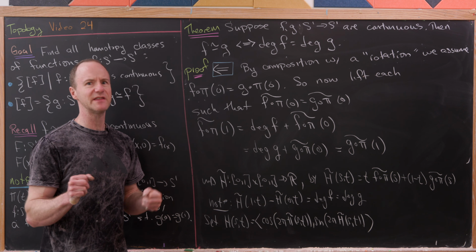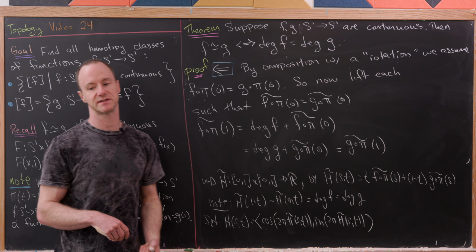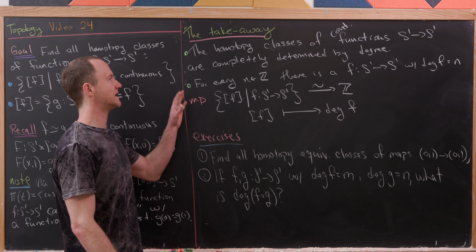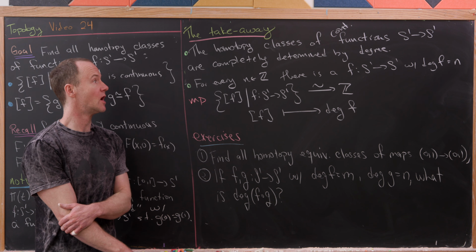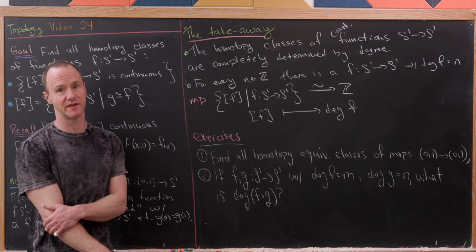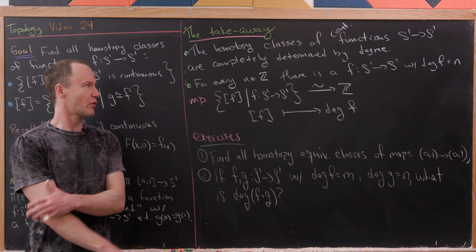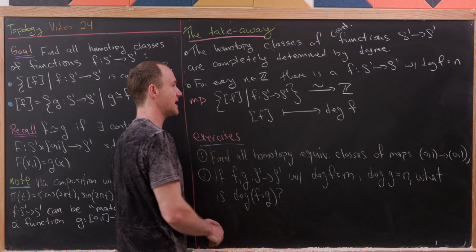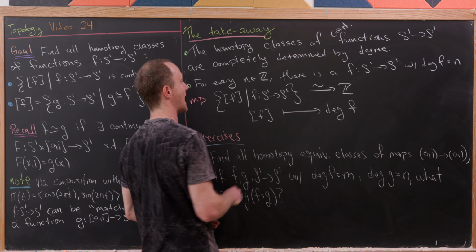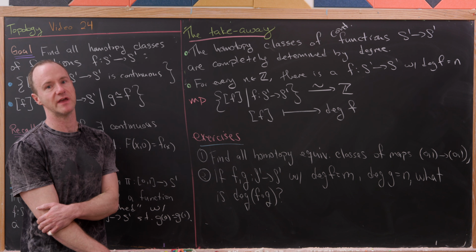Okay, so let's see the final punchline of everything we've done today, and then I'll leave you with some exercises. The big takeaway is that the homotopy classes of continuous functions from S1 to S1 are completely determined by the degree. That's what we proved in the previous theorem. And then in the example right before that, we showed that for every integer n, there is a continuous function f from S1 to S1 that achieves a degree of n.